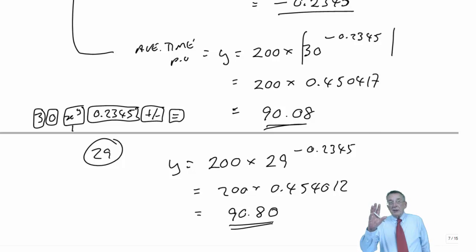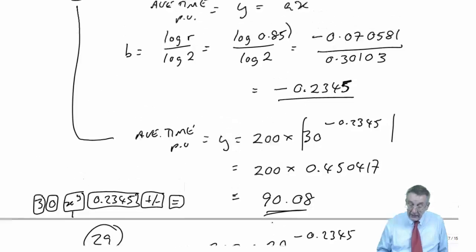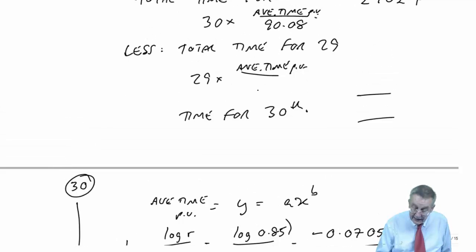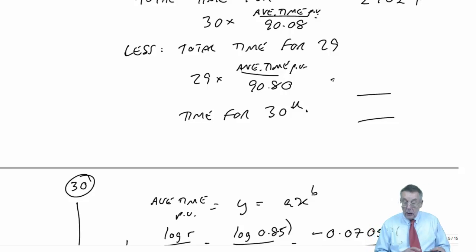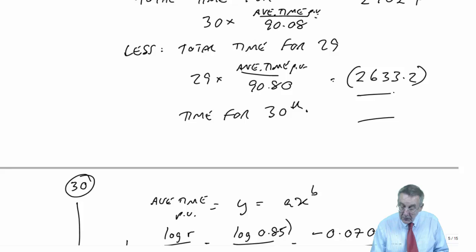There's the average time per batch if we make 29. And so the total time, 29 times the average, is 2633.2.